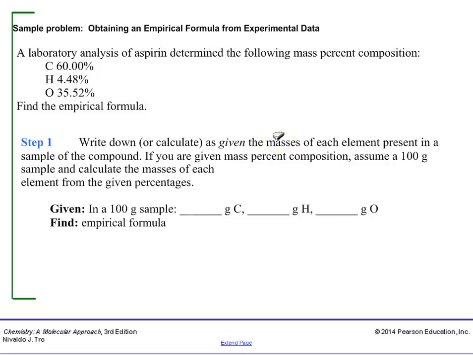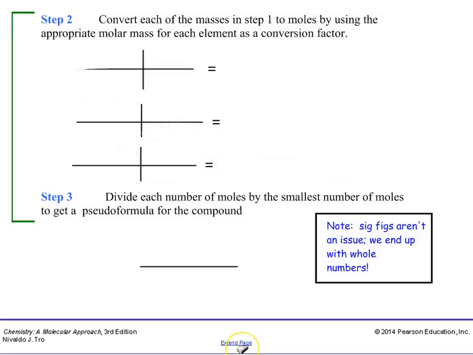If it's given in percents, though, we pretend we have a 100-gram sample. Therefore, 60 grams is carbon, 4.48 grams is hydrogen, and 35.52 grams is oxygen. And that's our given. We want to find the empirical formula.